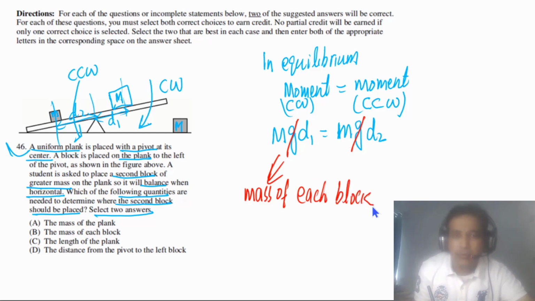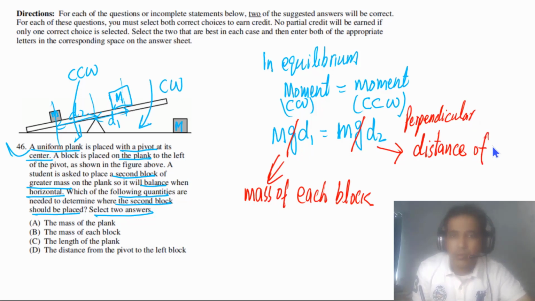And we also have to consider the distance of each block from the pivot. Actually, the proper way to say this is perpendicular distance. So this is the perpendicular distance of each block from the pivot. So these two points we have to consider.